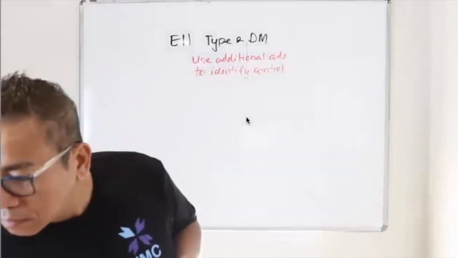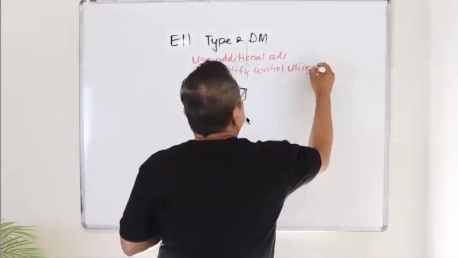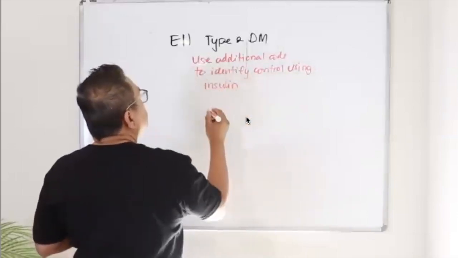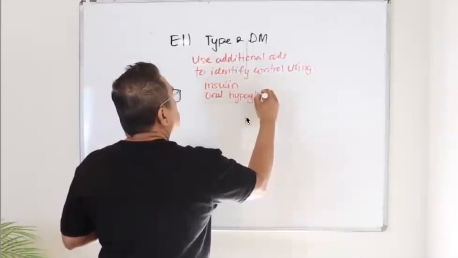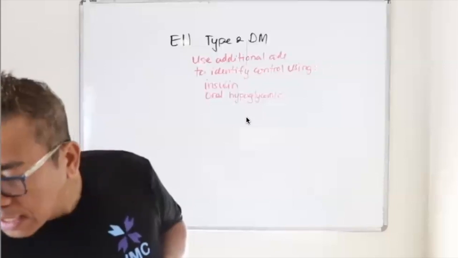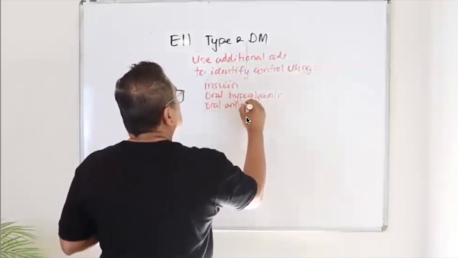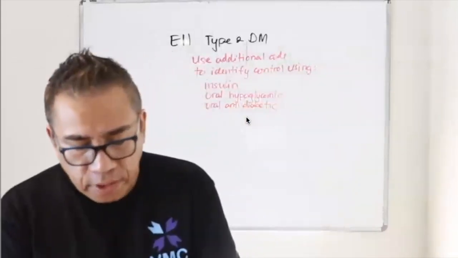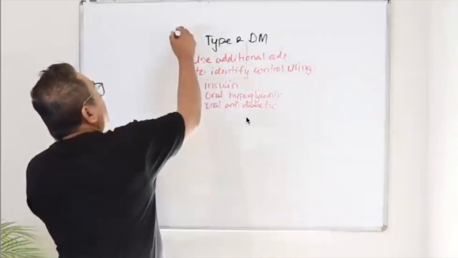Using insulin here. What else? You have the oral hypoglycemic, right? And I think injectable or oral anti-diabetic. Okay, so that is what this instruction was all about. Now, we now know that this is a category code, right?